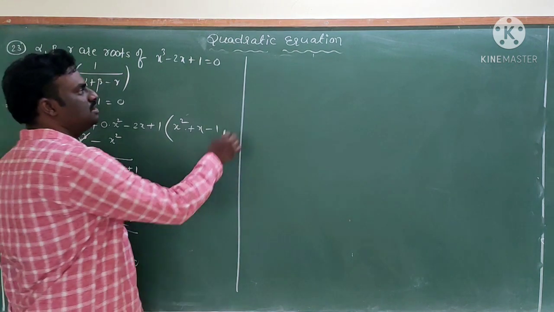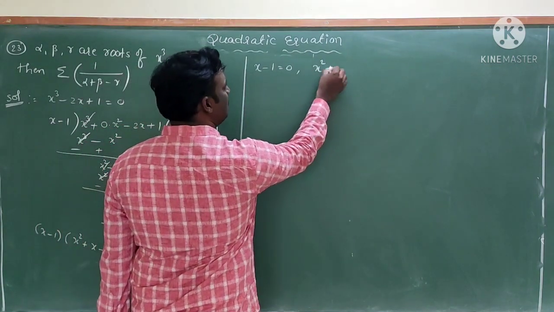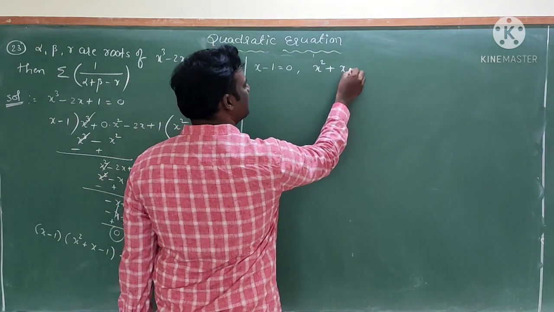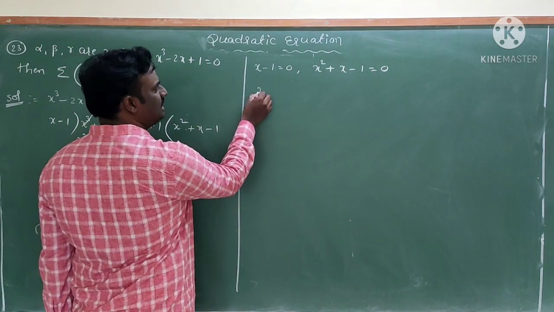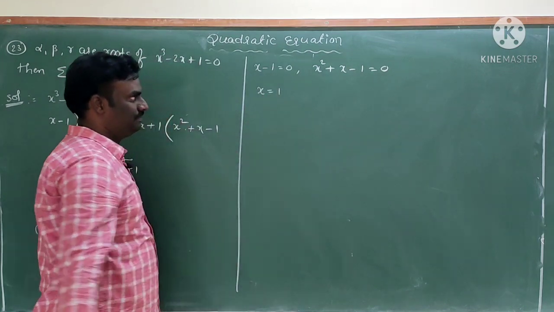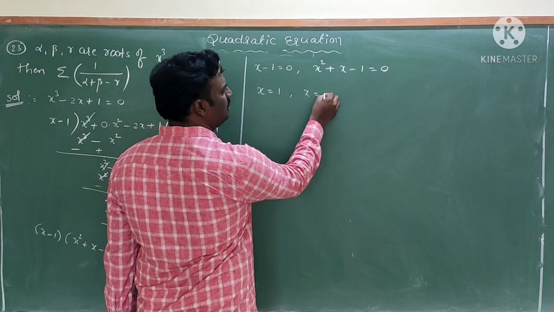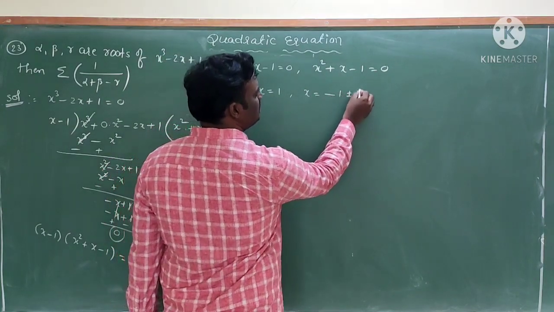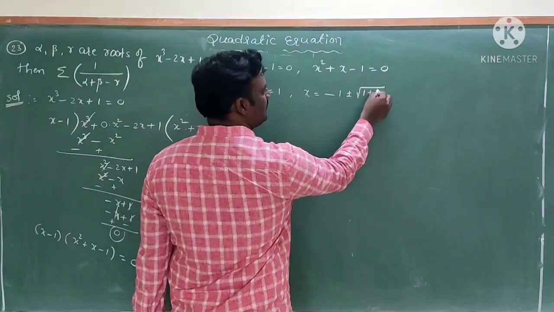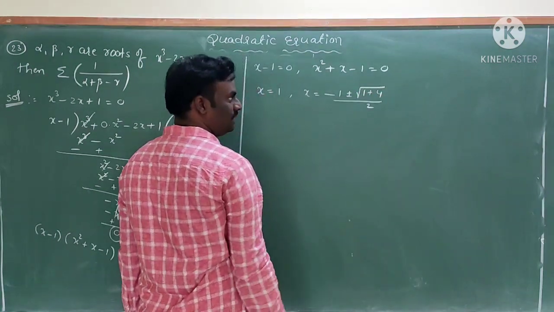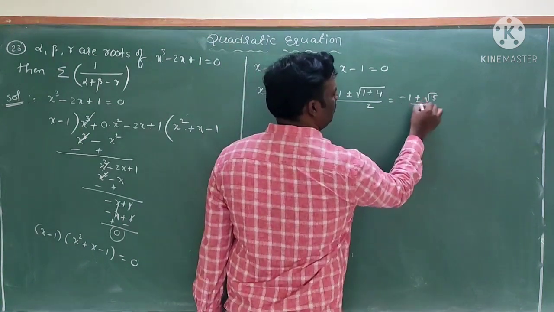So from this you will get x minus 1 equals 0 and x square plus x minus 1 equals 0. So from this we get x value is 1, and from this we use the formula x equals minus b plus or minus under root of b square minus 4ac by 2a, that equals minus 1 plus or minus root 5 by 2.